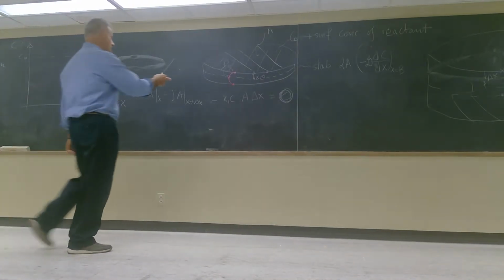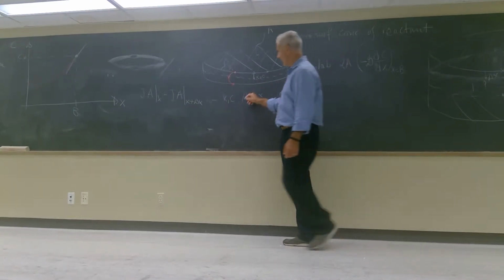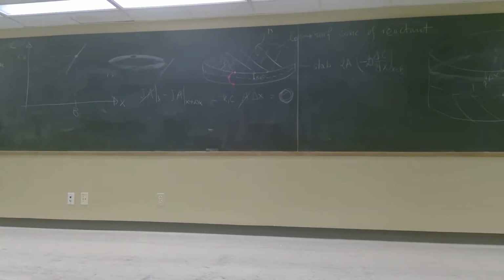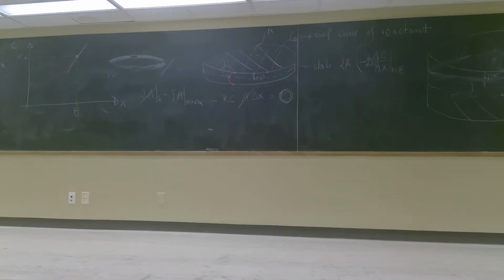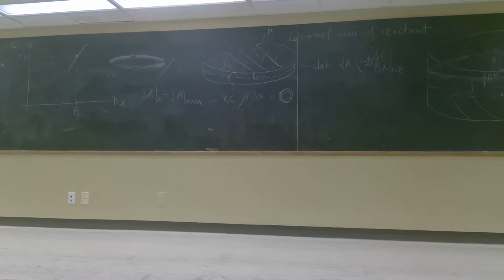Okay, so if this is our equation, A is constant and drops out. This crosses out, and then we get the beginning of a differential equation: J at x plus delta x minus J at x, divided by delta x, plus k1 C, is equal to 0.